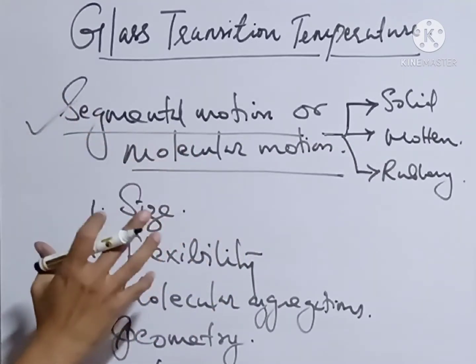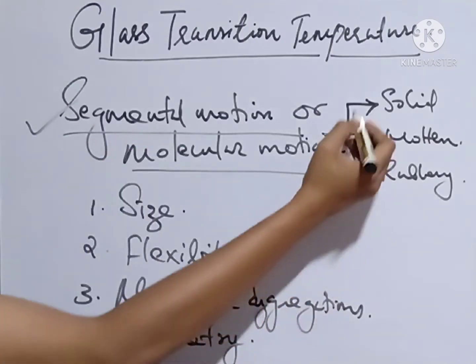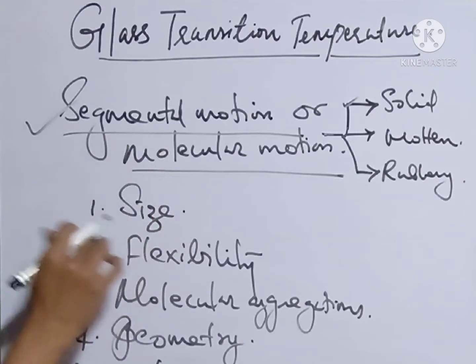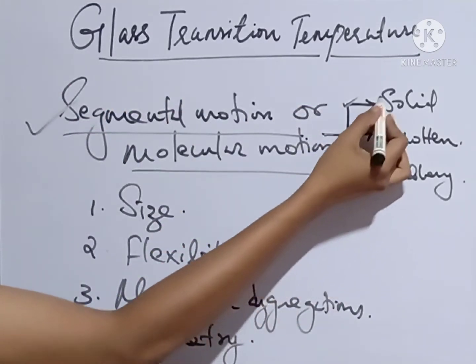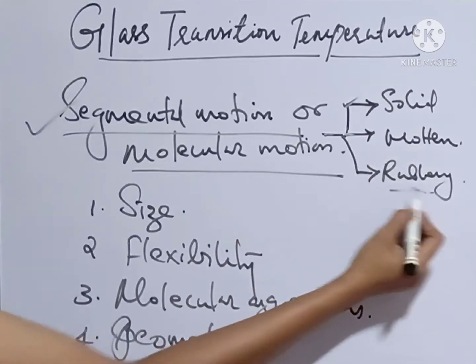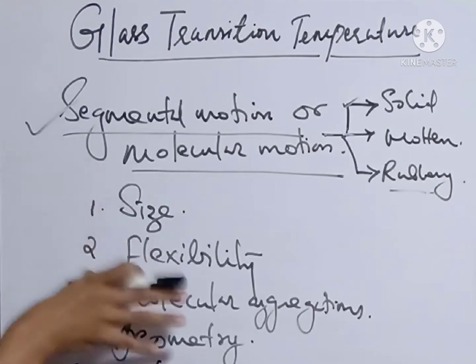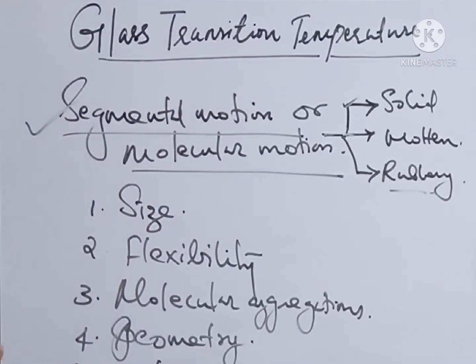If segmental motion is restricted or the segments are fixed, then we can call it a solid state polymer. Or if segmental motion is in between the molten state and the solid state, it acts as a rubbery substance. So segmental motion is the main factor which decides the glass transition temperature.